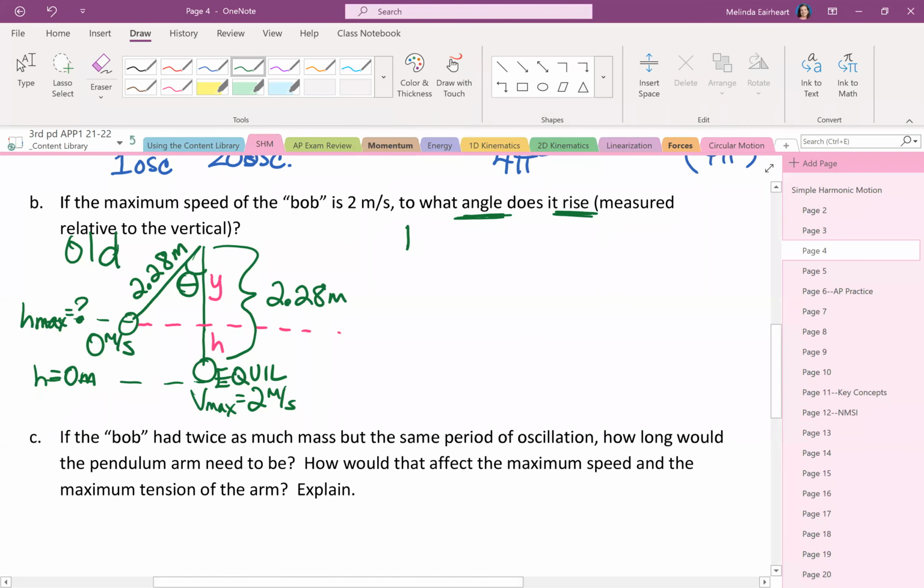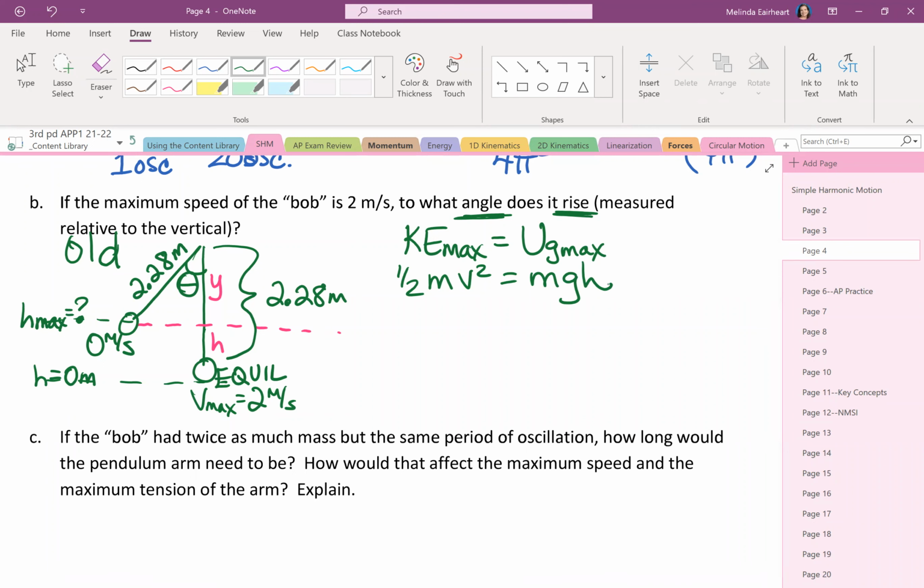And so that kinetic energy, max, at some point is all going to convert to gravitational potential. I'm going to go somewhat quick since we've already done this before. So 1/2 mv squared equals mgh. What do you notice happens? Mass cancels.